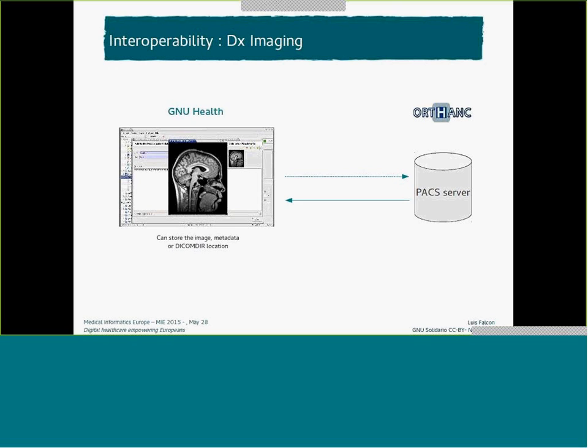So imagine different communication with existing FHIR servers, and we are showing the interaction with our Orthanc DICOM viewer. You can either store the information at the GNU Health server or you can retrieve it from an existing FHIR server that you may have at your institution.